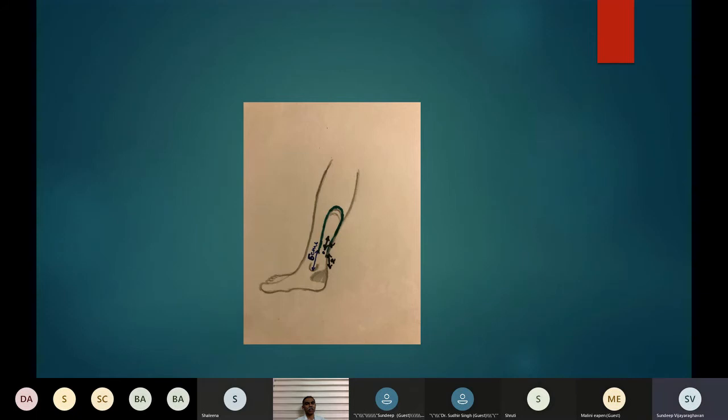So you're not doing a free flap. You're doing an RSA, but there's more than 50% loss, which you can't directly repair. So I would harvest a fascia lata to repair the tendo Achilles separately and do the RSA on top of that.